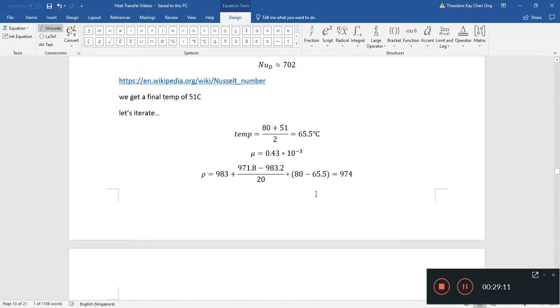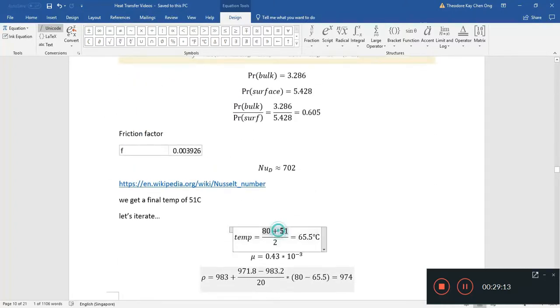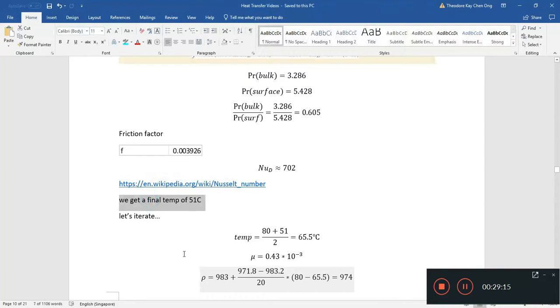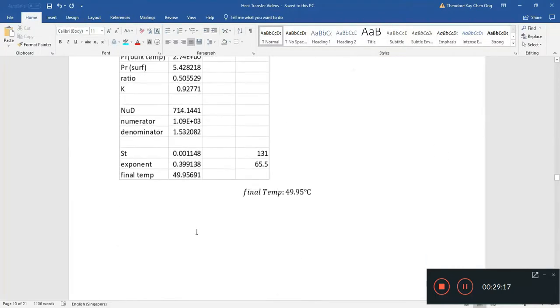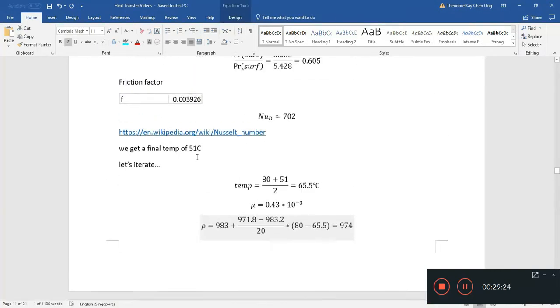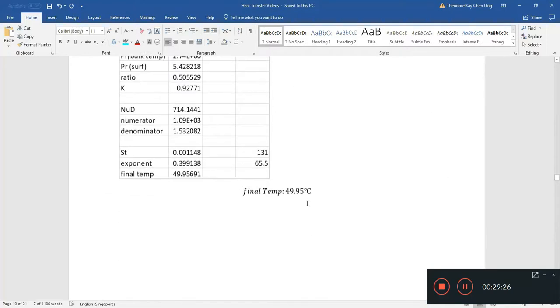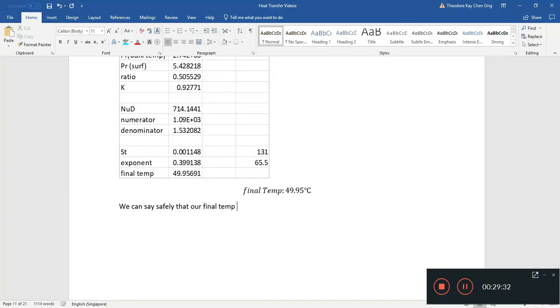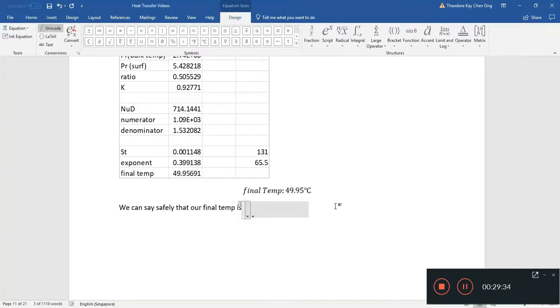Where is that last temperature? There you go. We got a final temp of 51 degrees C just now. So we have a final temp of about 50 degrees C, which isn't too far from 51 degrees C. So we can say safely that our final temp is about 50 degrees C.